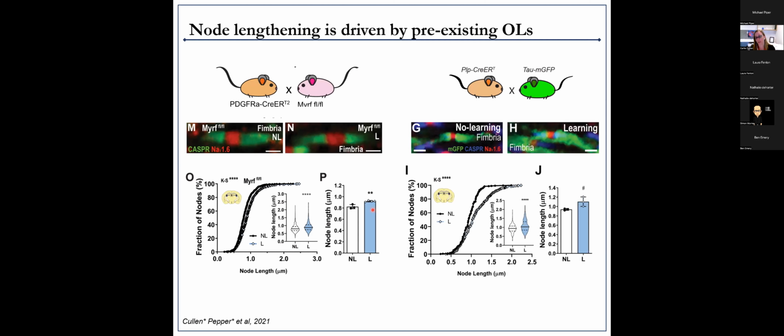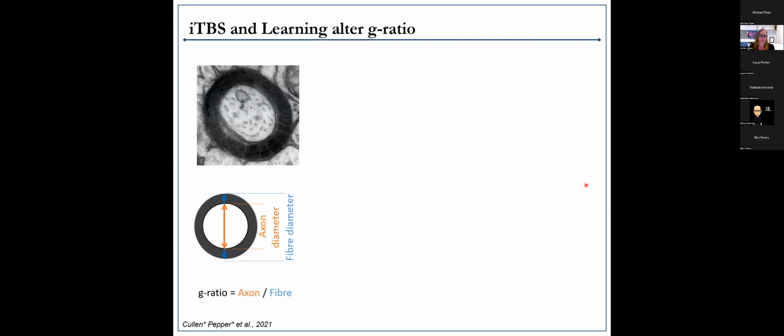When I measured the nodes that were flanked on both sides by a GFP internode, we saw again a shift towards longer nodes, and a tendency towards an increase in the average node length, though it didn't quite reach significance. So what could be driving this? Are we increasing the thickness of an individual sheath that could then be adding an extra myelin layer to encroach on the node?